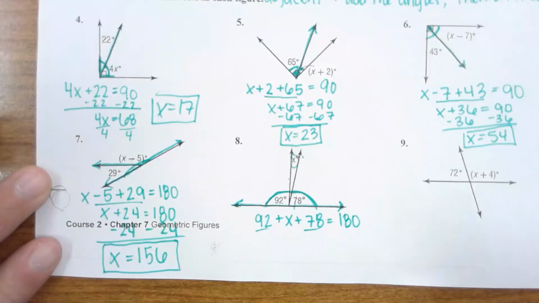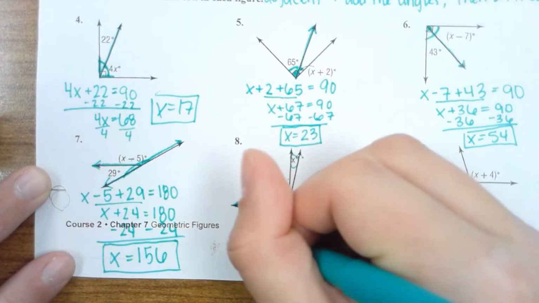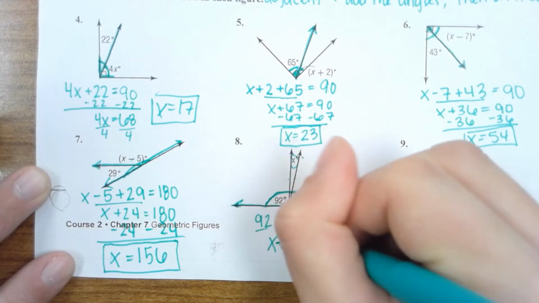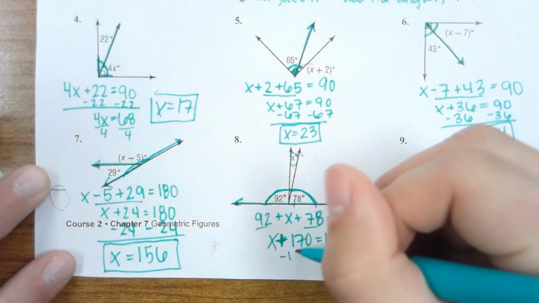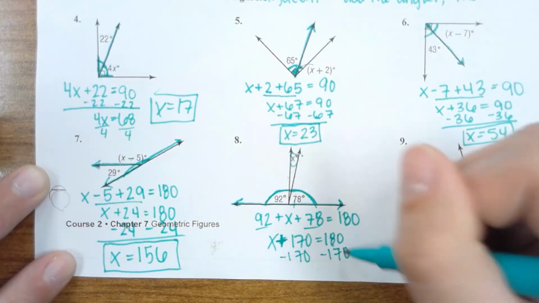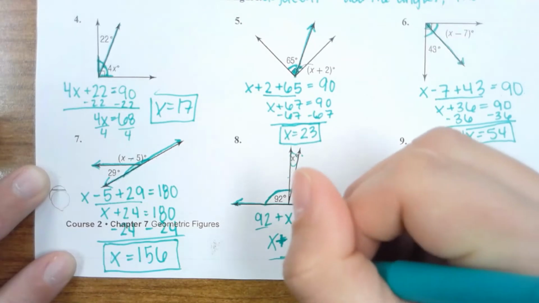So I can add my two constants. So 92 plus 78 gives me 170. And then my last step to get x by itself is to subtract this 170 from both sides. And I get x is equal to 10.